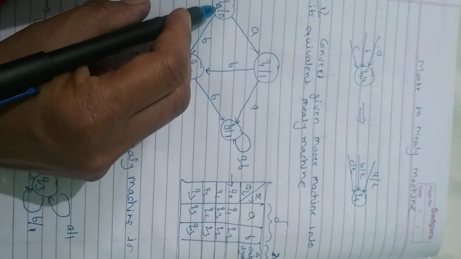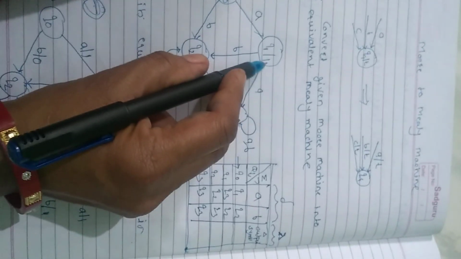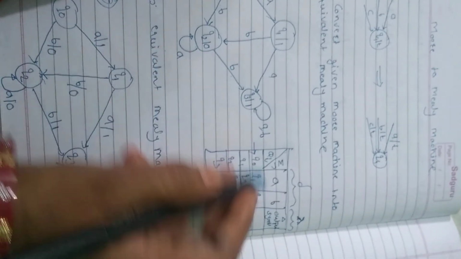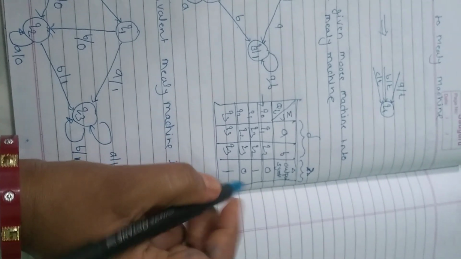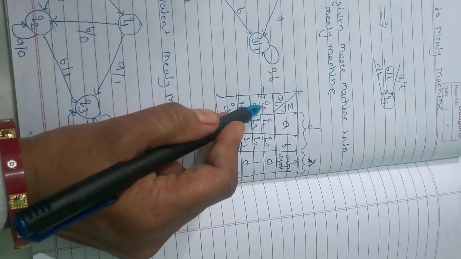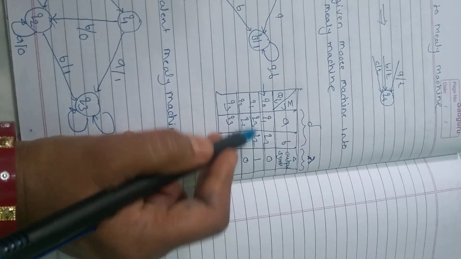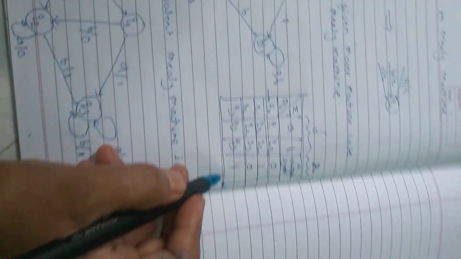Output symbols. Which is the output symbol associated with Q0? It is 0. Here 1, 0, 1. So write that, 0, 1, 0, 1. This is the output symbol associated with Q0, this is the output symbol associated with Q1, and likewise.